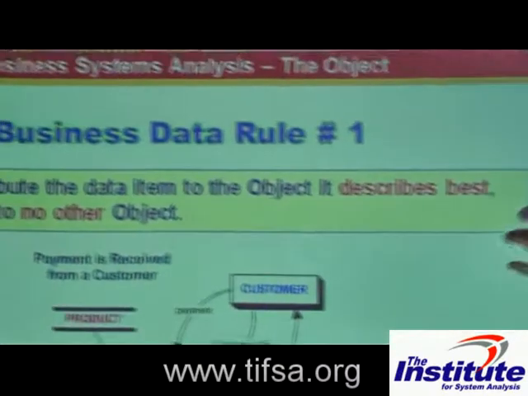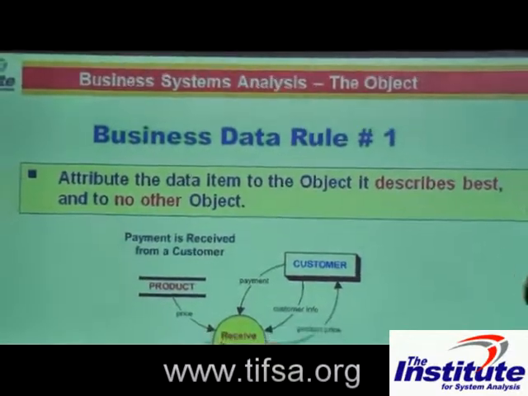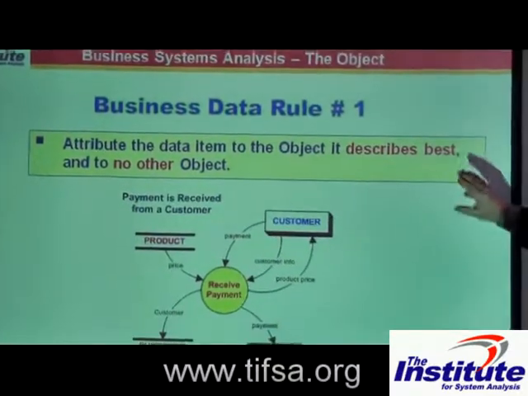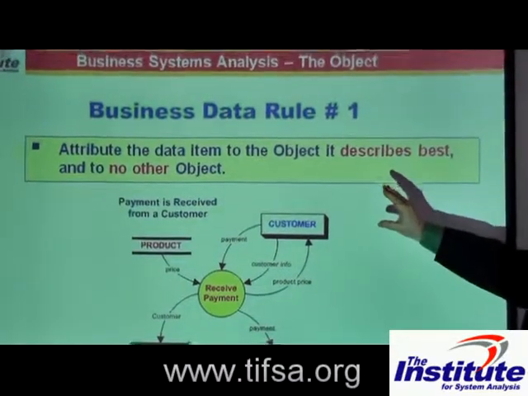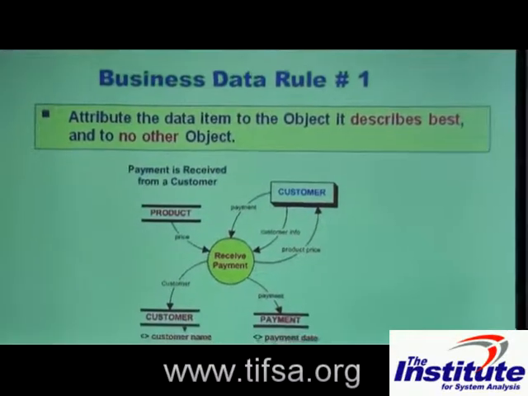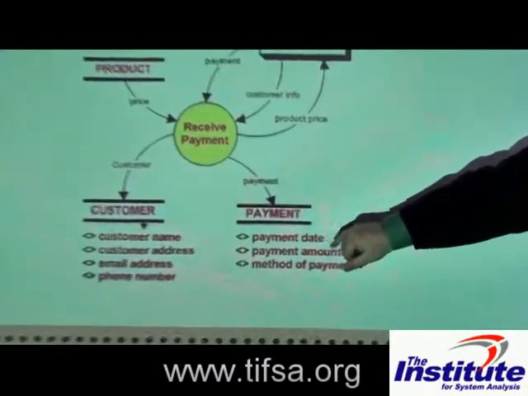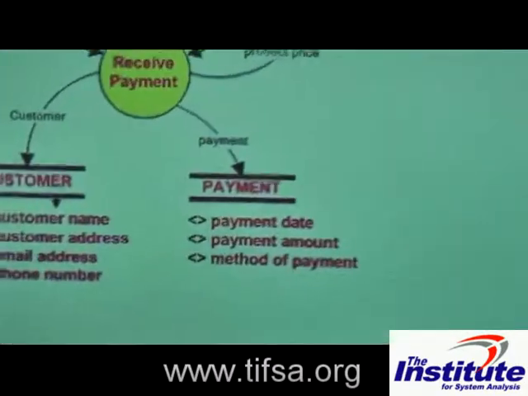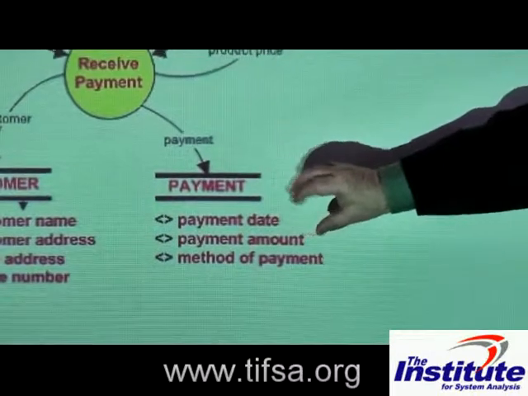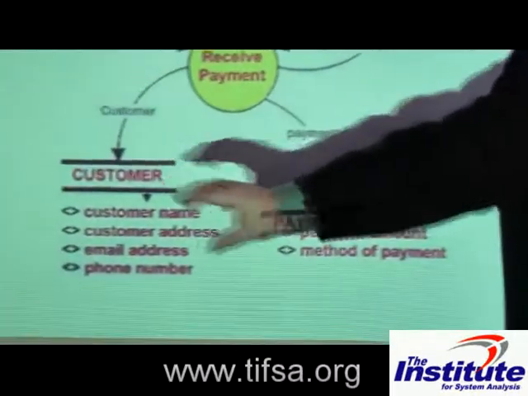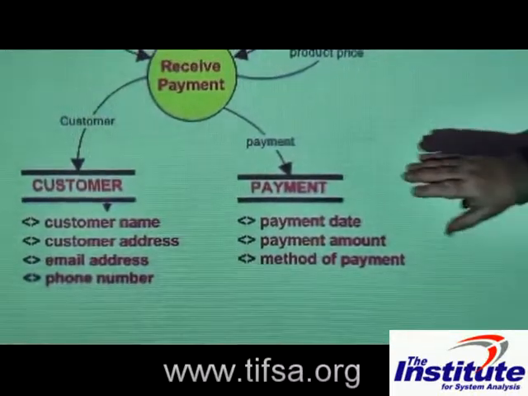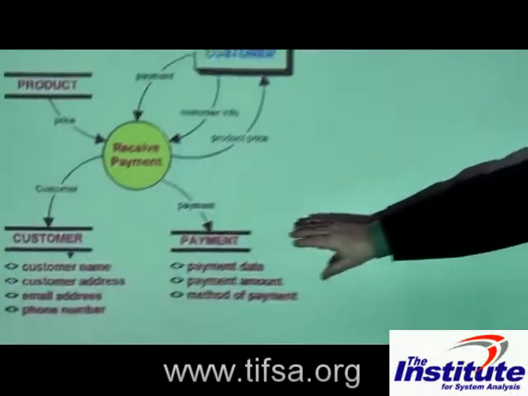And that is, attribute the data that you find that you need to the object that it best describes and to no other object. So for example, if you have a payment date of a payment you received from a customer, well, that would describe payment. It wouldn't describe customer. So we would allocate it or attribute it to payment.